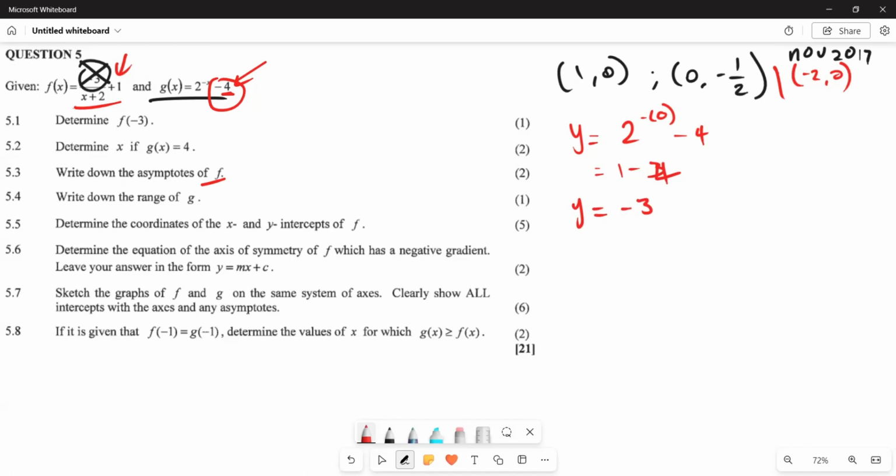So the coordinates for the y-intercept are 0 and negative 3, right?